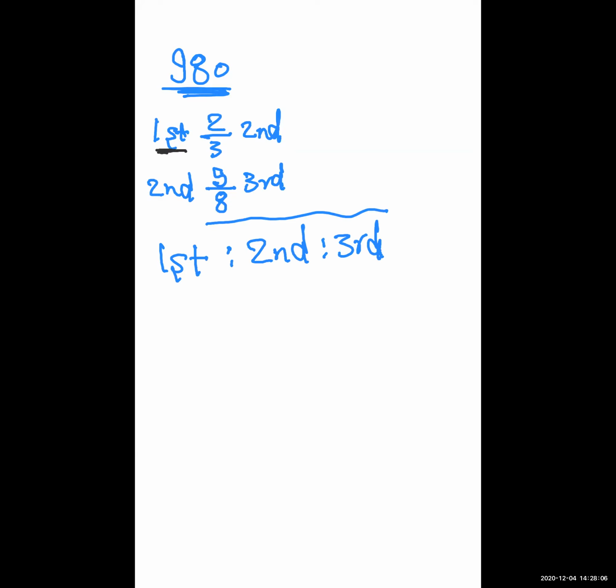So now first to second, it's 2 over 3, so 2 to 3, and nothing related to the third. Then second, 5 over 8 of the third, so second and third, 5 to 8. Nothing is mentioned in this ratio about the first.